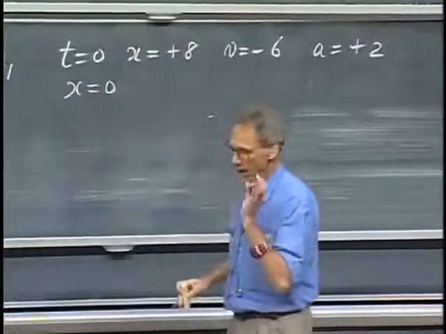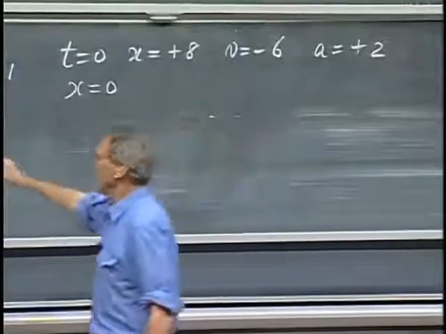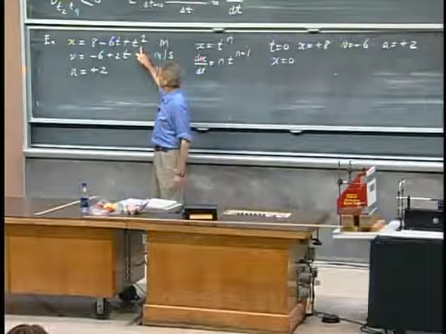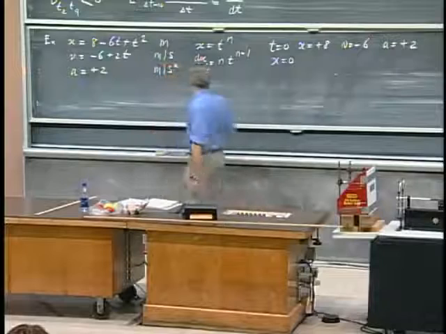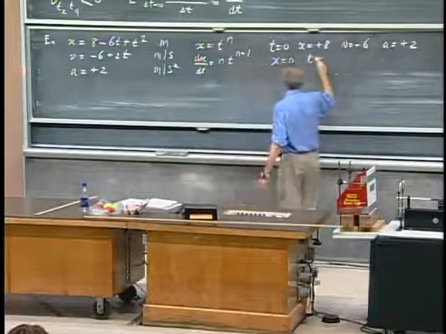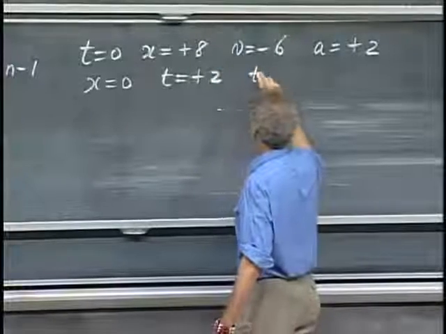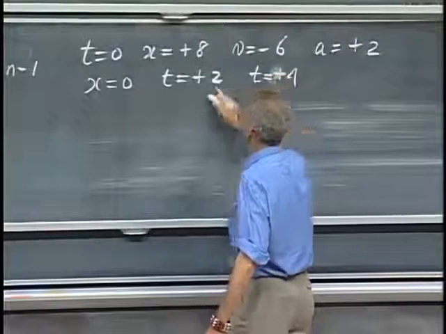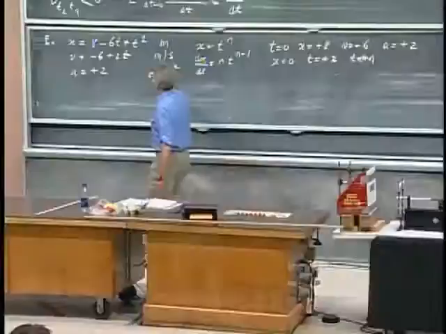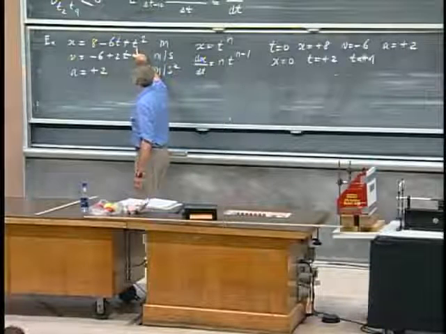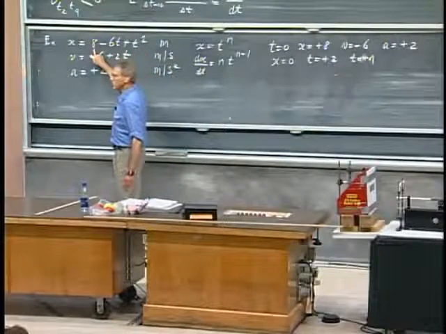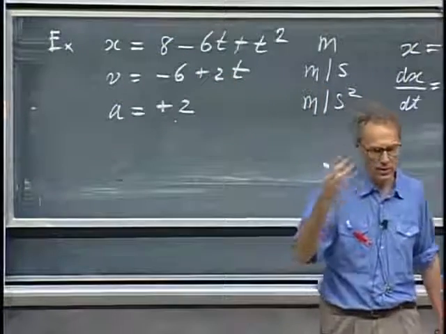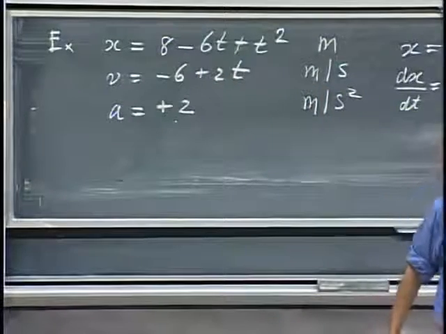What are the times that x is 0? Well, I have to solve this second order equation, which is something that you've all done in high school, and you will find that that's the case when the time is plus 2 and when the time is plus 4. Take the plus 2, that makes this 4. 4 plus 8 is 12, minus 6 times 2, that's 0. So you see the 2 works, and you check that the 4 also works.